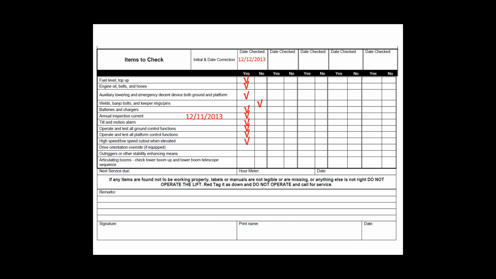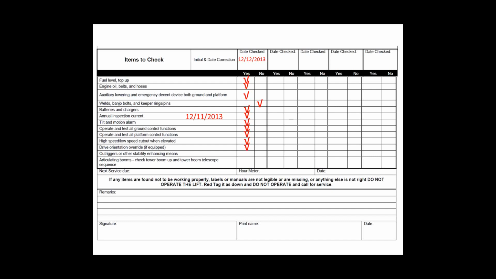It only drives in the direction of the colored arrows. And when the boom is elevated and rotated, the driver can be disoriented. So some manufacturers cut out drive, allowing the operator to look at the directional arrows before holding the drive enable feature, giving him the opportunity to travel in the direction he desires. But that's a safety device, so we want to make sure that it's working properly. In this particular case, I'm going to put a check there because it is.